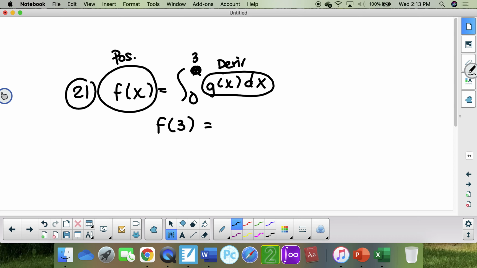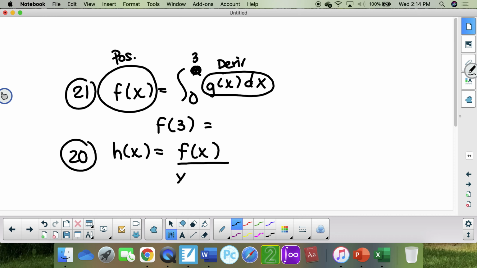And then the last problem is number 20. Last problem. H of x equals f of x over x squared plus 1, h prime of 1 equals what?